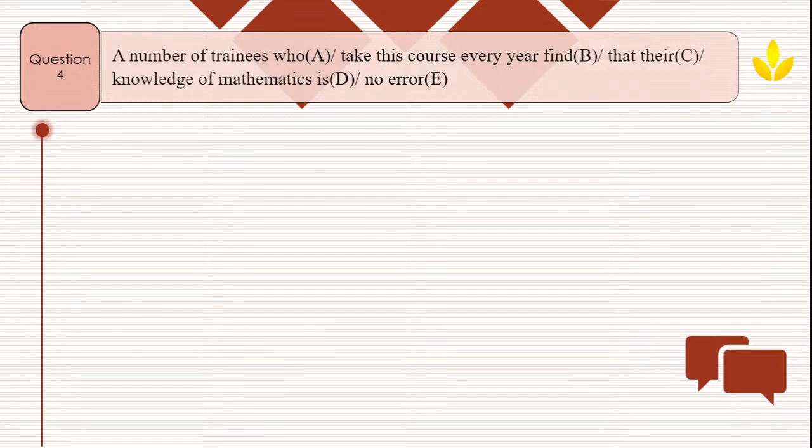So again, mathematics is. So please go through the question. If you find the answer, please respond in the chat.